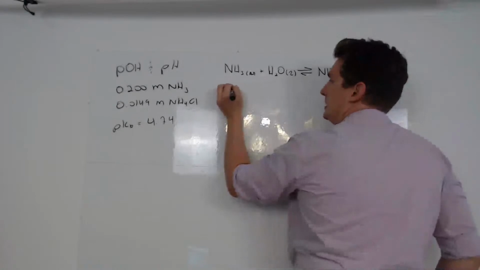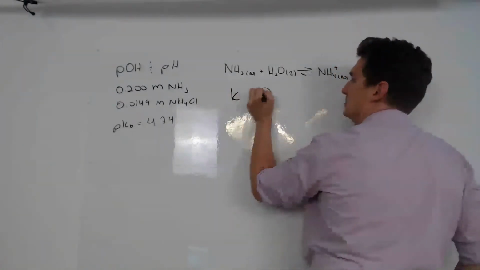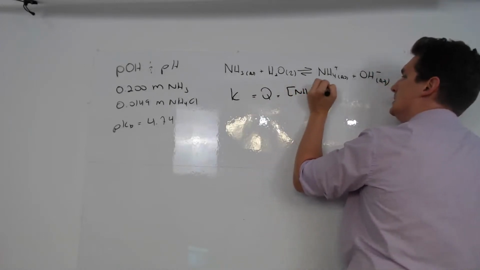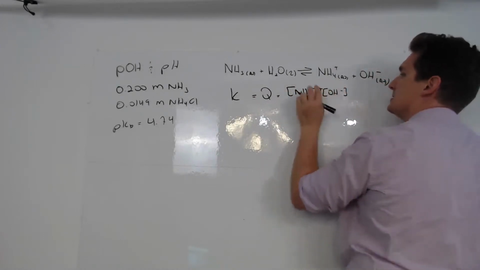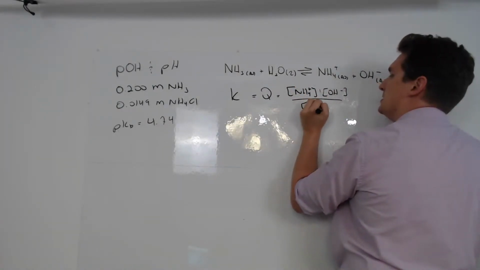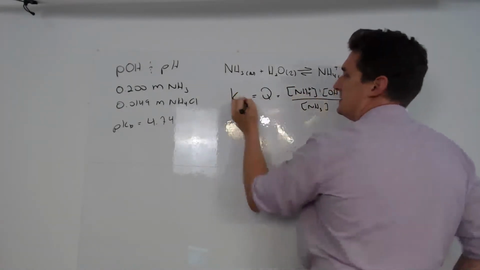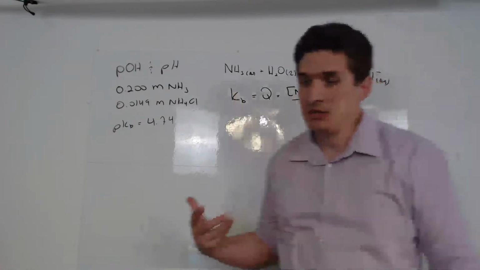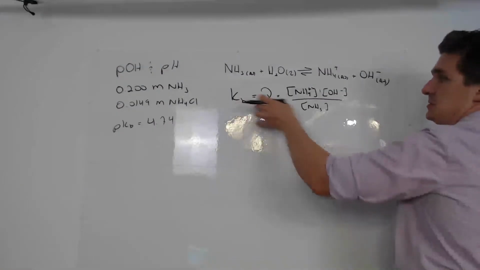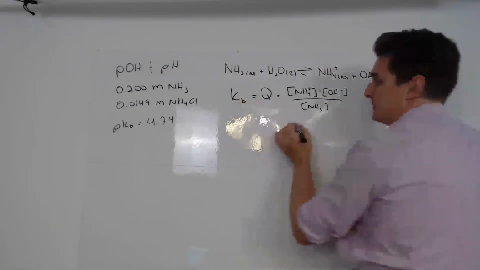So we've got the reaction. We have our K equals Q. Q in this case is the concentration of NH4+ times the concentration of OH- over the concentration of NH3. And instead of Ka, we're going to have Kb because we're working under basic conditions. So we've got the two conditions, we've got our expression for Q, and we've got them equal to each other.